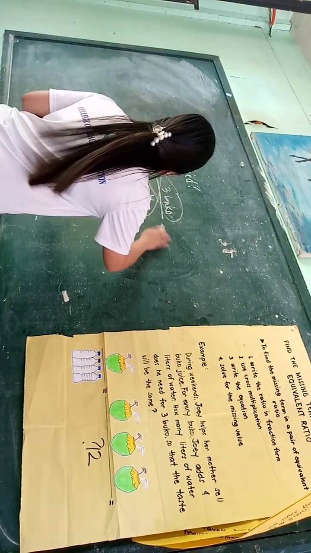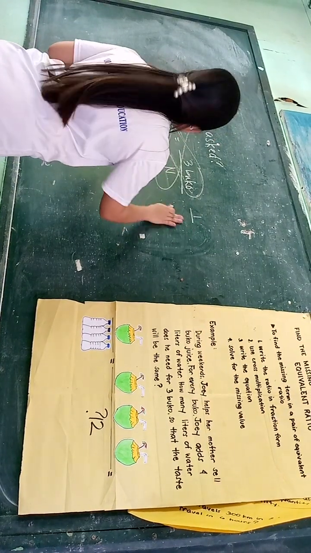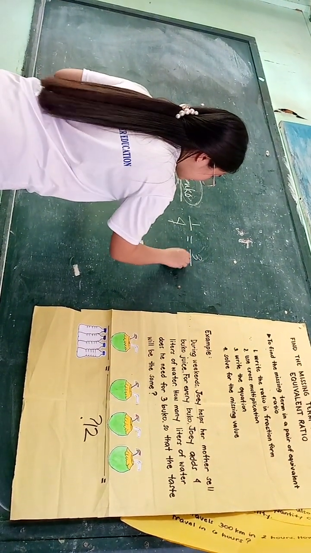Again, one fourth is equal to 3 over 12.